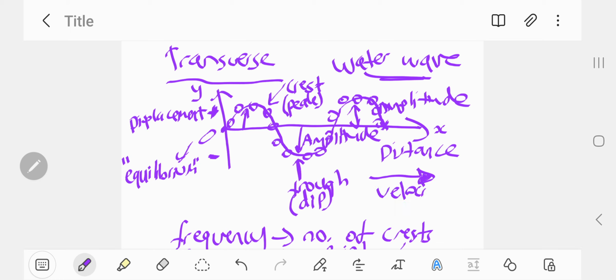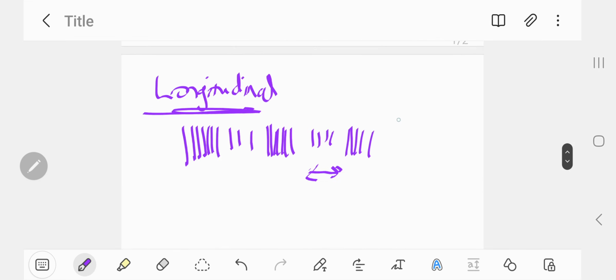That's its velocity, its speed in a certain direction. Similarly here, let's assume that the wave is moving to the right. So the particles vibrate back and forth, unlike a transverse wave, where they move perpendicular to the direction of motion of the wave.